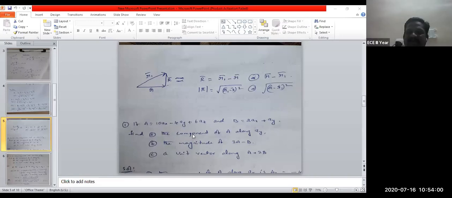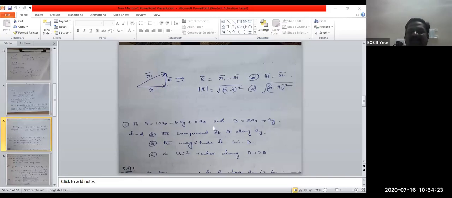Component means magnitude of the A vector along the ay direction, along the y direction. So the answer is minus 4.